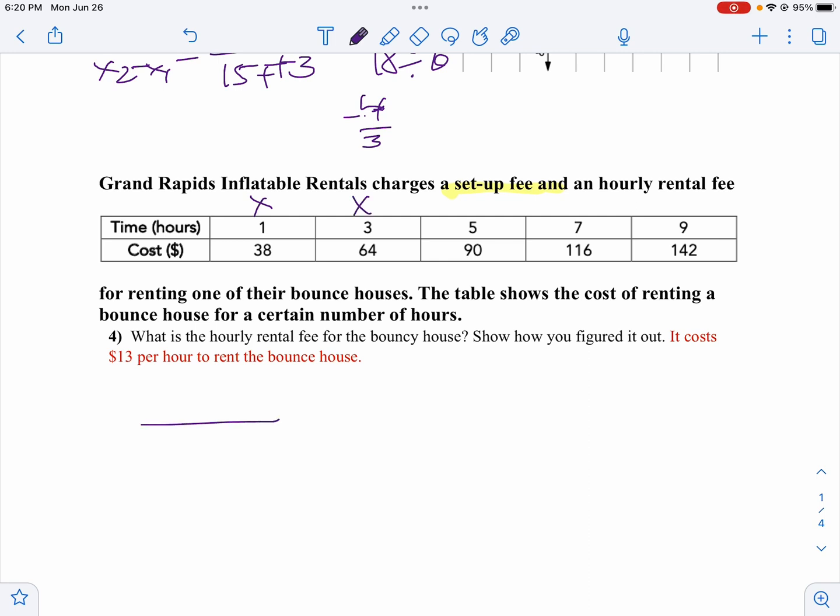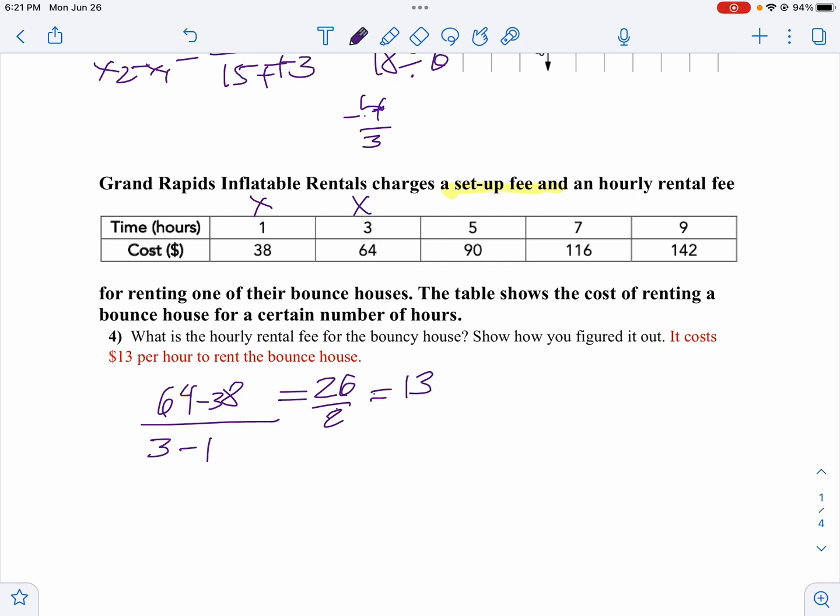I'm going to have 3 minus 1 in my denominator. Almost made the same mistake you guys made. And then 64 minus 38 would go in my numerator. Now we subtract 64 minus 38. 14 minus 8 is 6, so I get 26 over 2, which is 13.